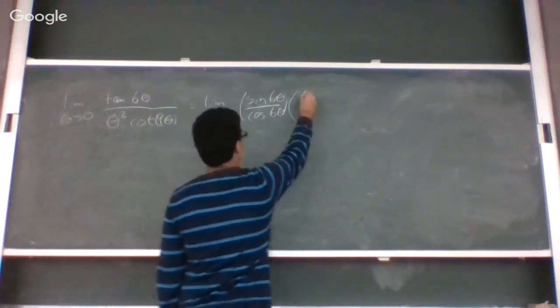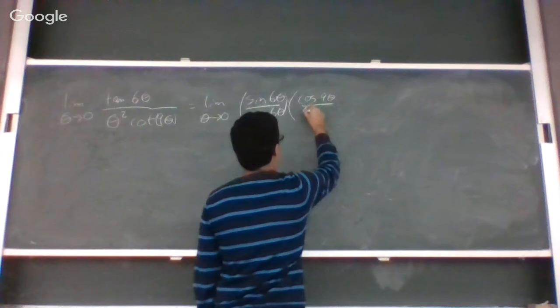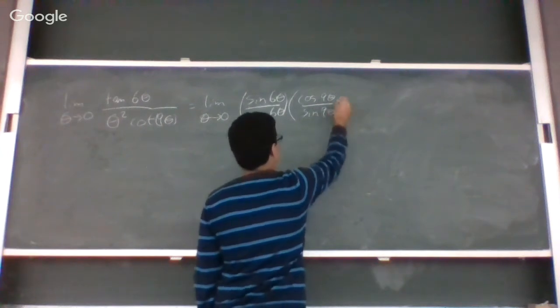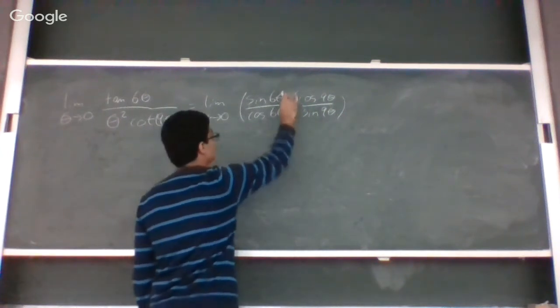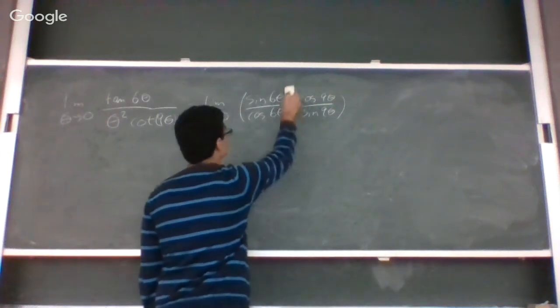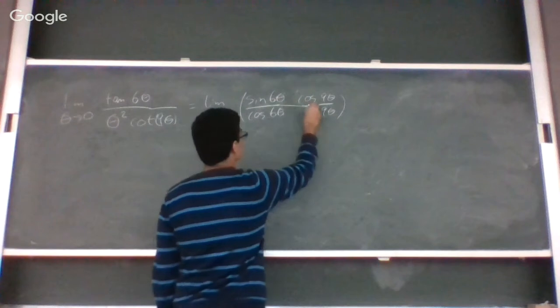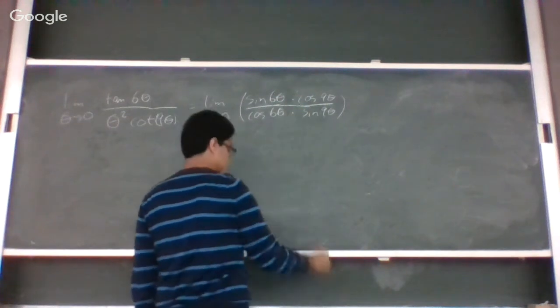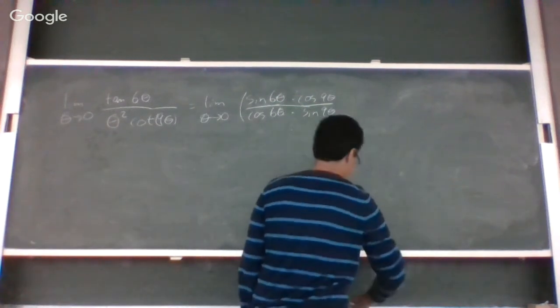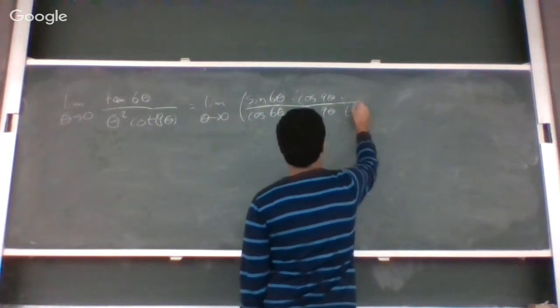Cosine. Yep. And then we still have over theta squared.